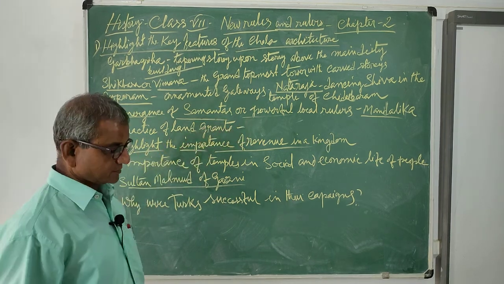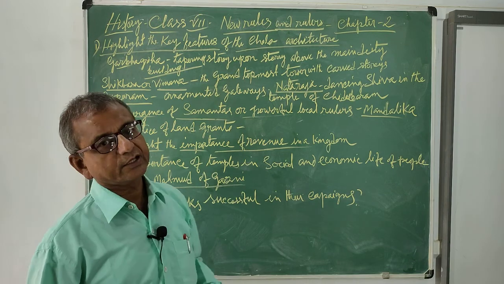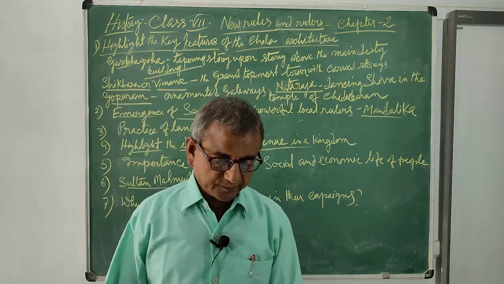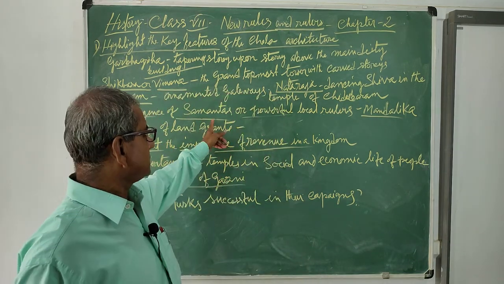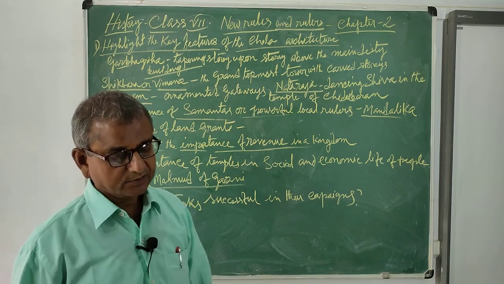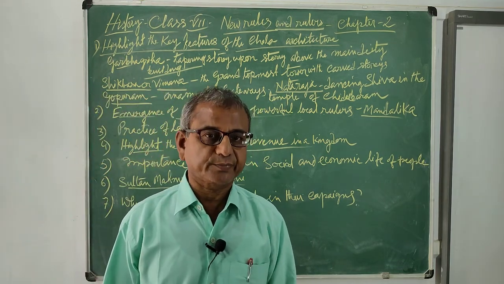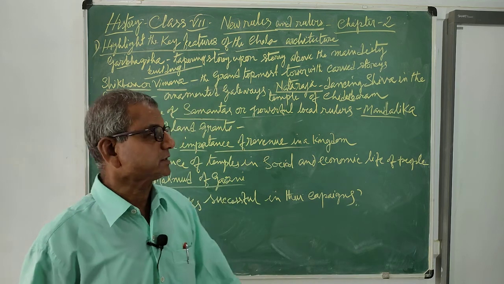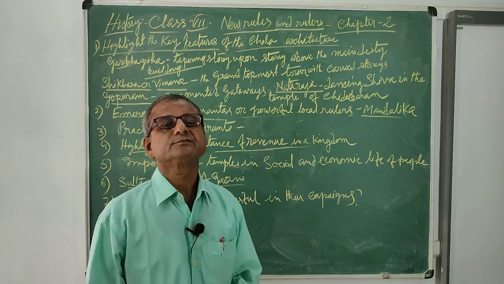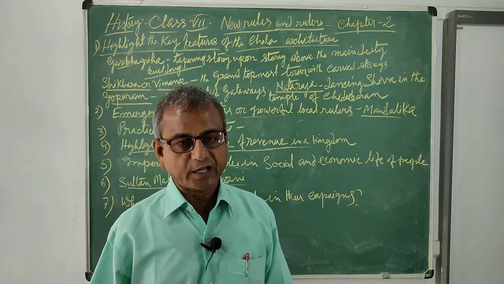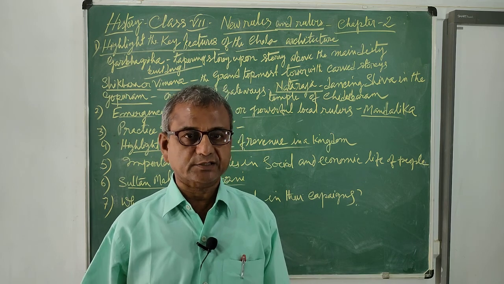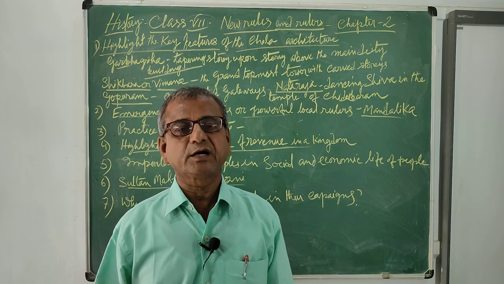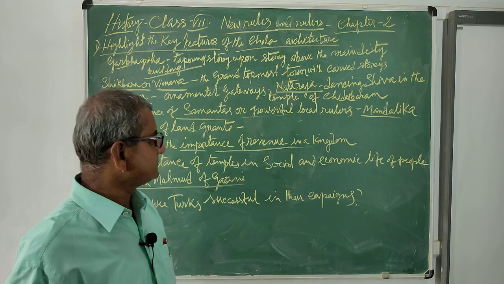Practice of land grants. We know that the king often allowed the Samantas or local rulers to collect taxes from the peasants. The peasants and the artisans had to pay their produce as revenue to the local rulers.